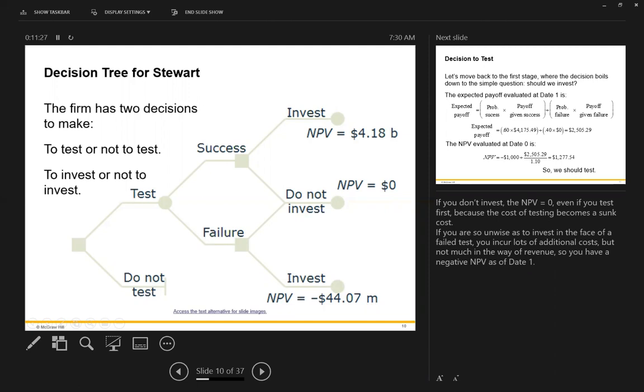If they're successful, their investment NPV is 4.18 billion. That's what they determined. If they do not invest, the NPV is 0 because they wouldn't have done anything.